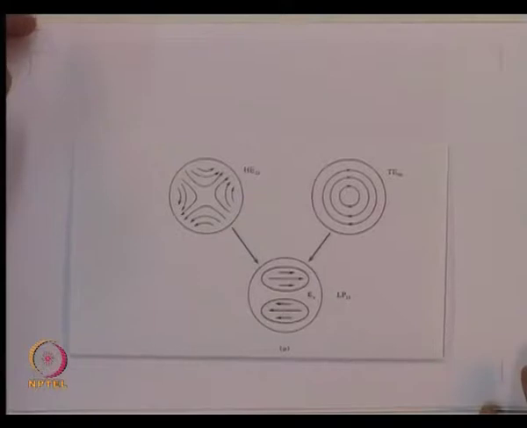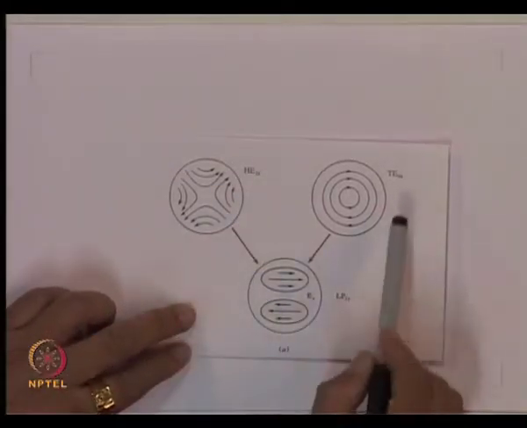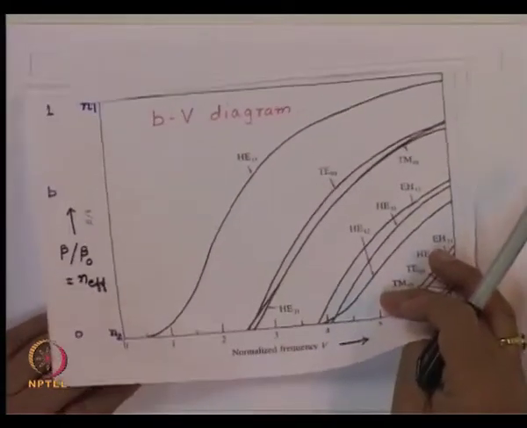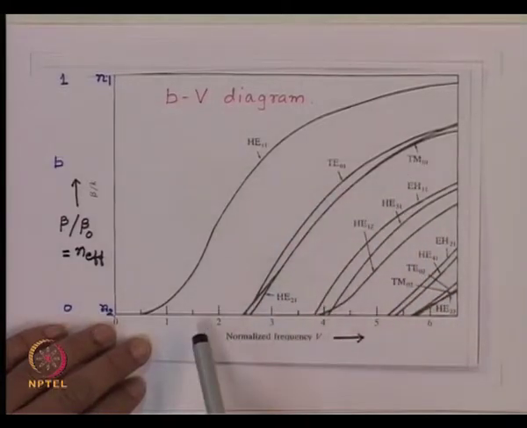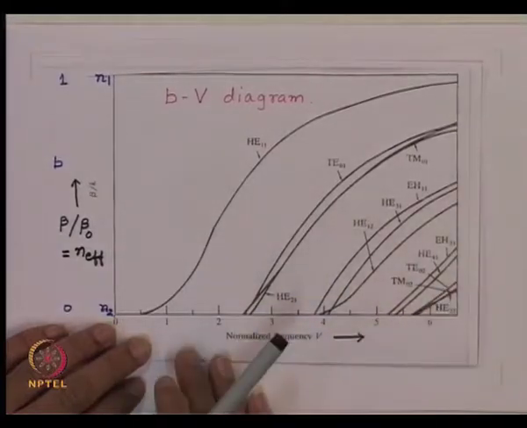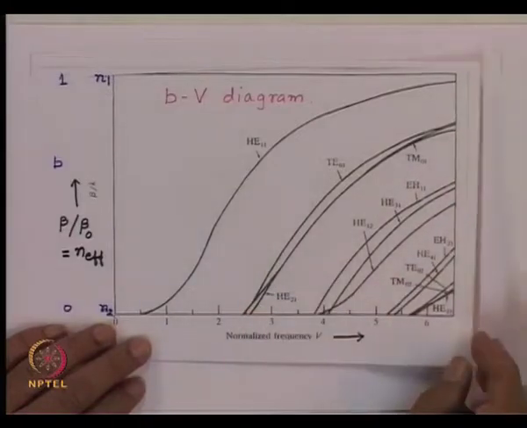Now, just to see qualitatively how the LP11 mode will be created. Let us say I have the HE21 mode and the TE01 mode, and in this diagram we have a combination of TE01, TM01 and HE21. TE01 and HE21 can give you a pattern, and TM01 and HE21 can give you another pattern.